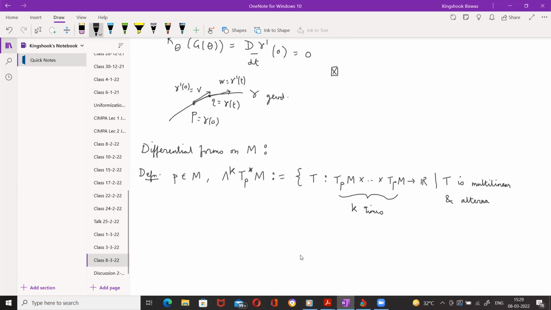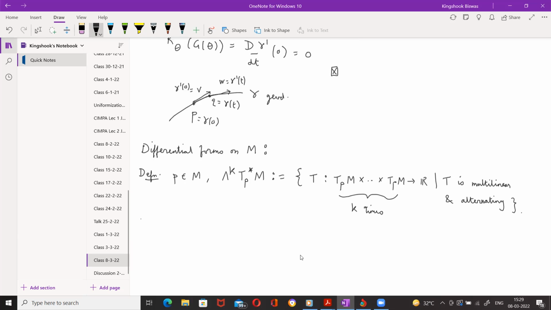Right, so just like in R^n, we're looking at alternating multilinear forms, right? Yes.